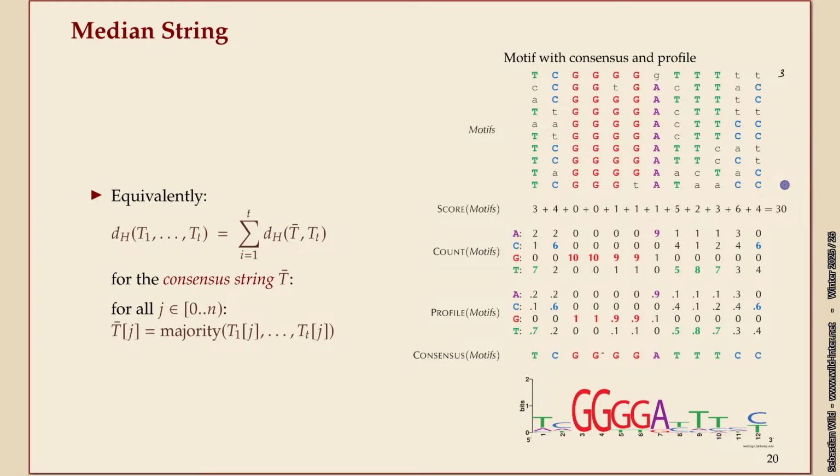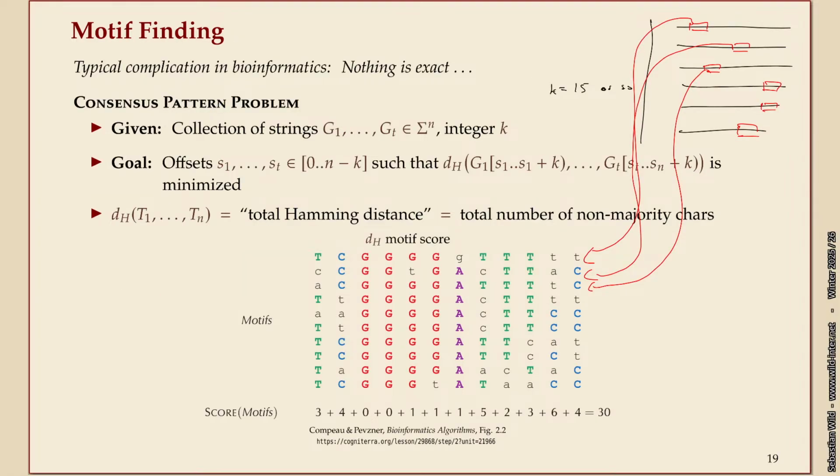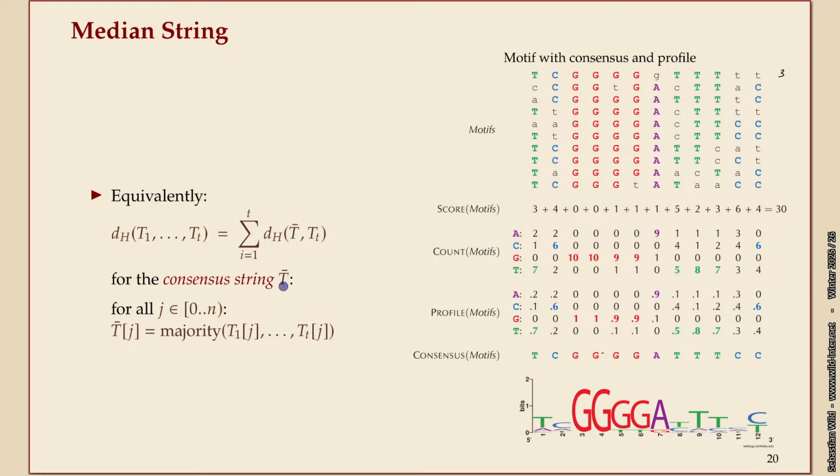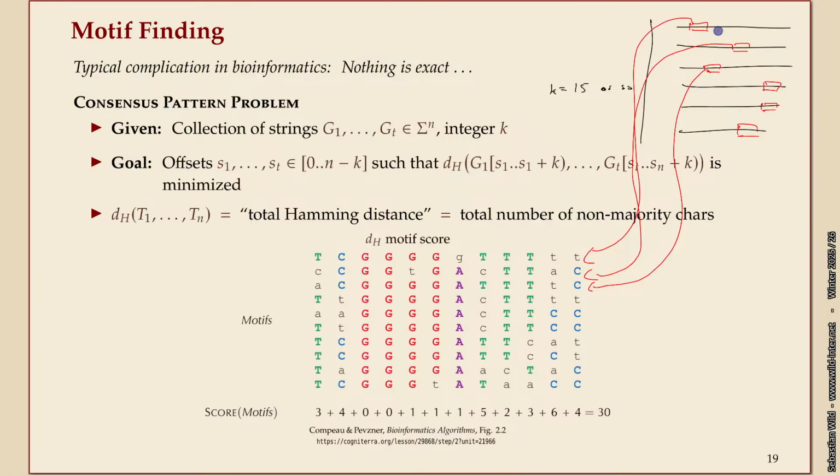So you could rephrase the problem as saying we're looking for this consensus string. But it's equivalent. If you know the starting positions, you know which red strings we're looking at here, then the consensus string can be computed from that. And so that's the more specific formulation. You get the consensus string for free if you have those starting positions.